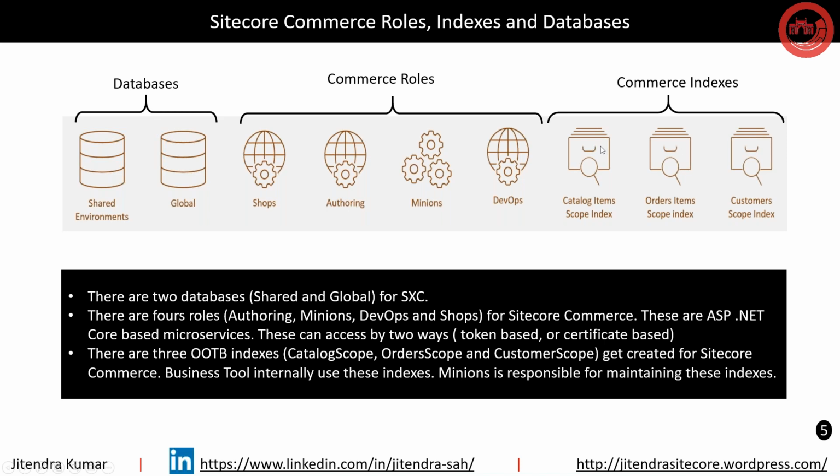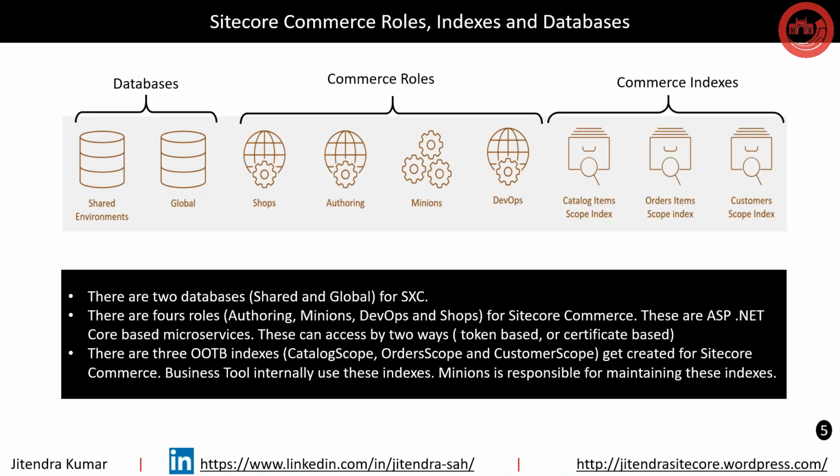If you are installing Sitecore Commerce, then 3 indexes are created automatically during installation. One is the catalog item, another is the order item, and the last one is the customer item. These three are not supposed to be used by the storefront.